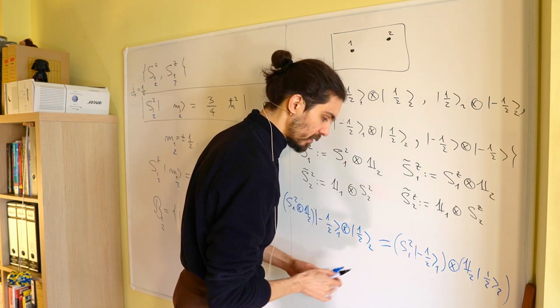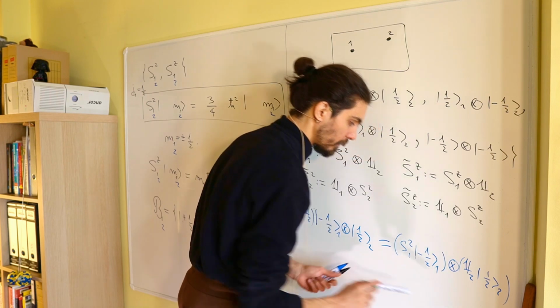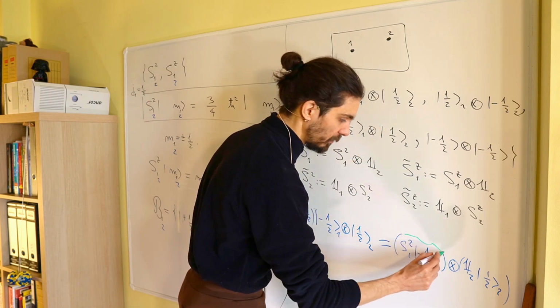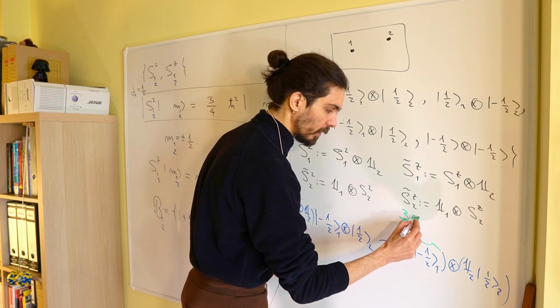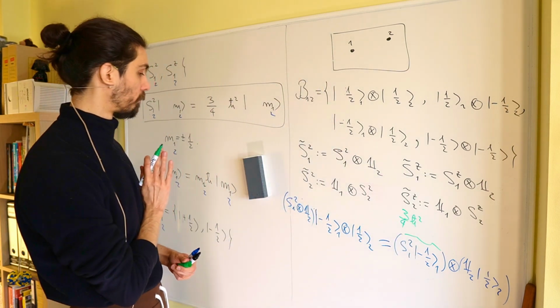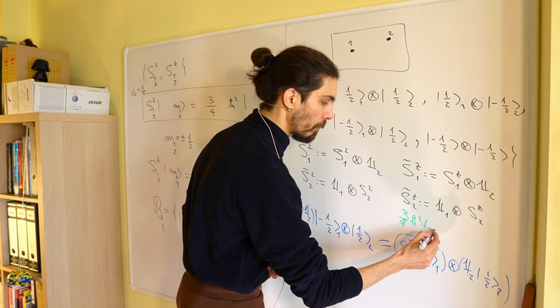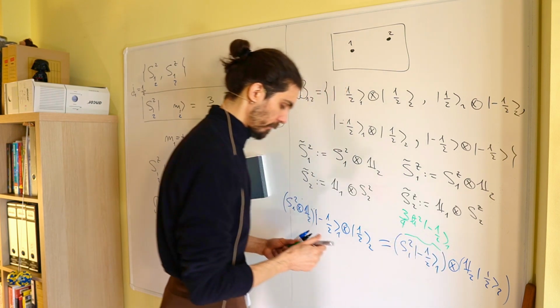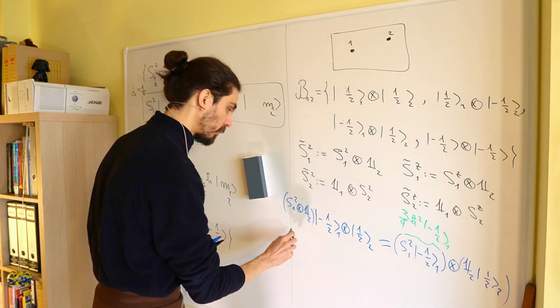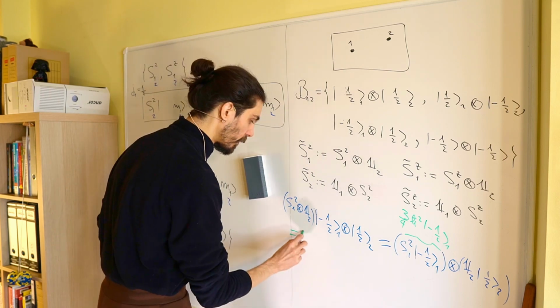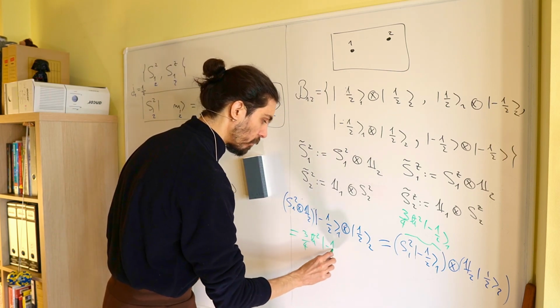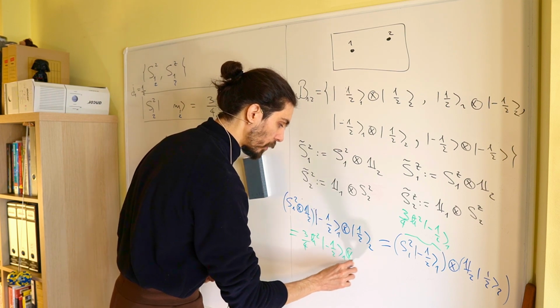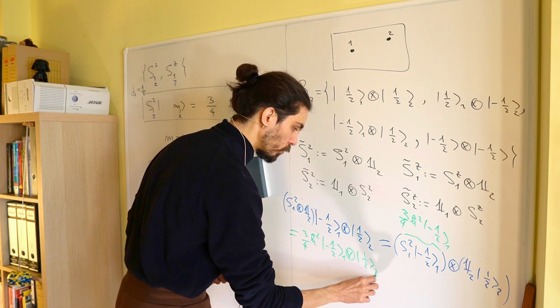So what this gives us is 3/4 h bar squared minus 1/2 at 1. And as a result, you get 3/4 h bar squared minus 1/2 at 1 tensor with plus 1/2 at 2.